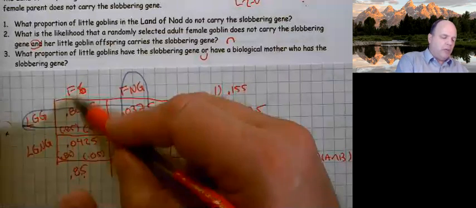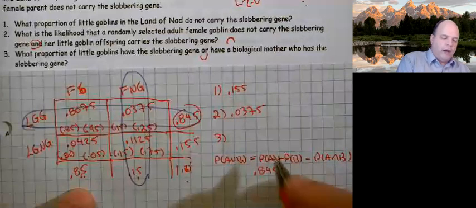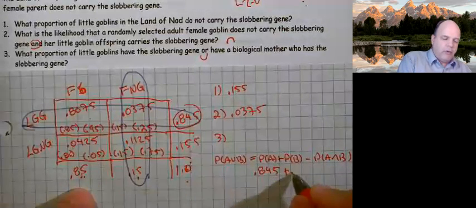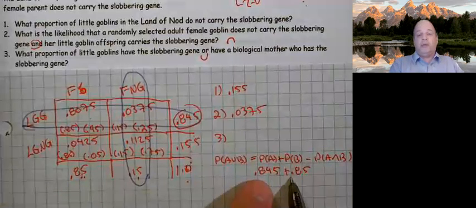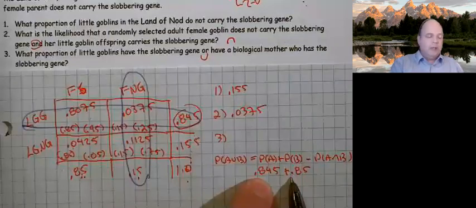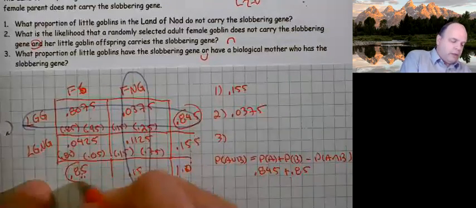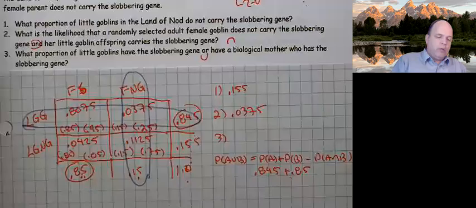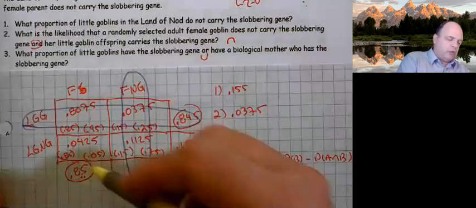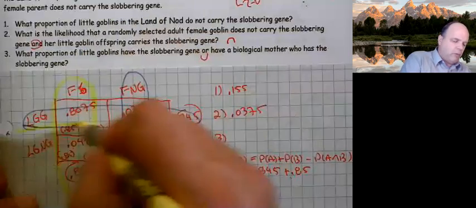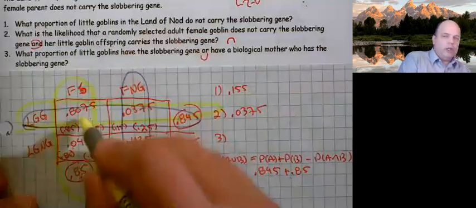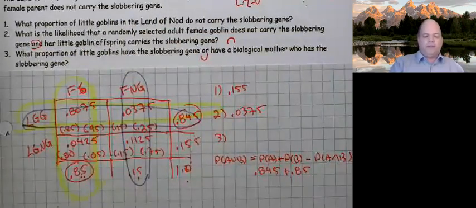Well, biological mother with the gene is 0.85. And by the way, if I just added those two numbers up, it's greater than 1, so I have a problem. So, all right. Well, here's the problem I have. We have to subtract out the intersection. So the intersection is 0.8075.